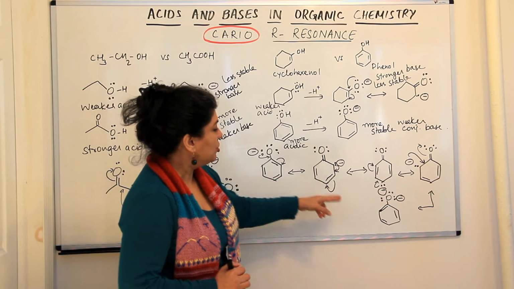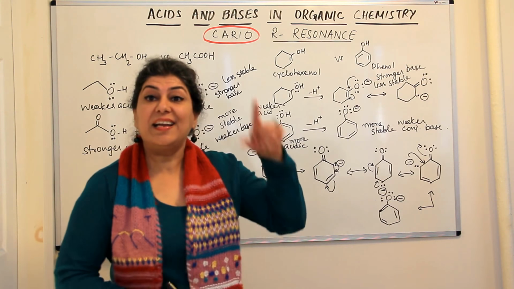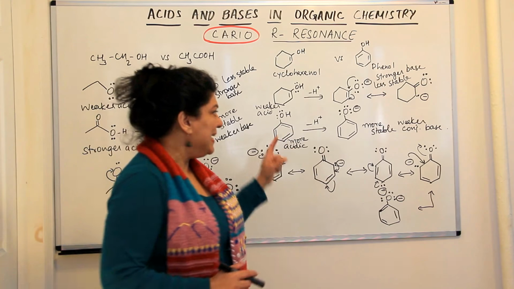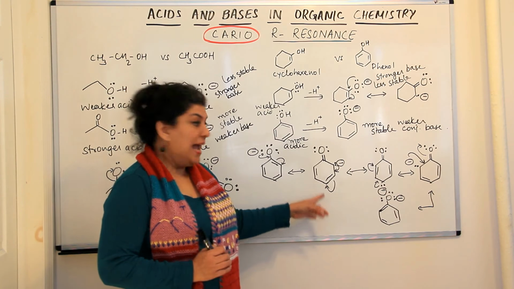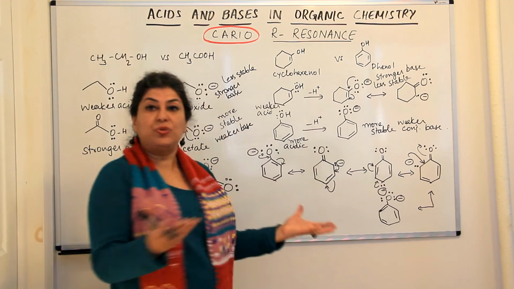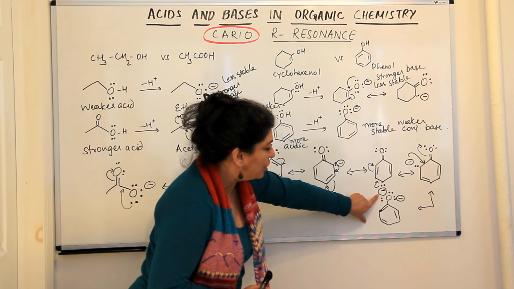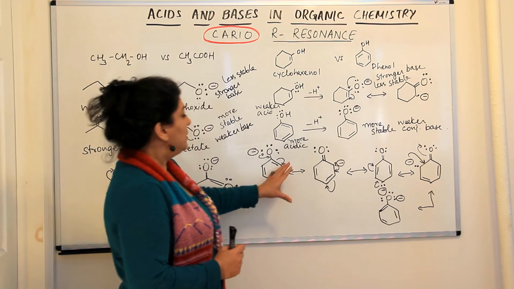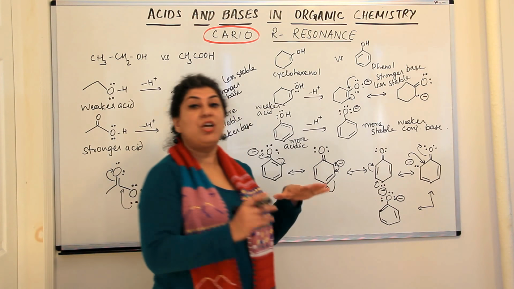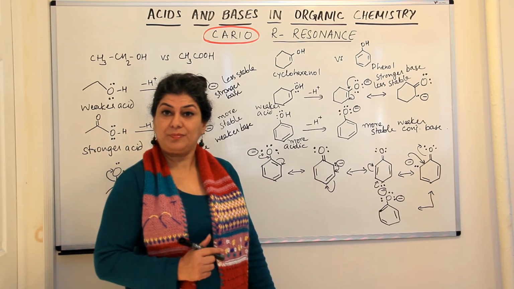In all other structures, the negative charge is with the carbons of the ring. And carbon, I told you, is less electronegative. And since carbon is less electronegative, out of all these structures, which one do you think would be more stable? The one where the negative charge is on oxygen would be more stable. But the structures where the negative charge is on the carbons would be less stable.